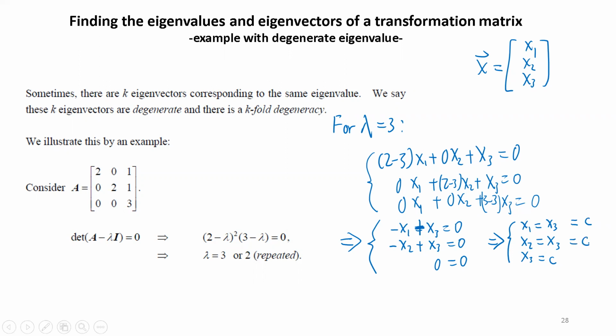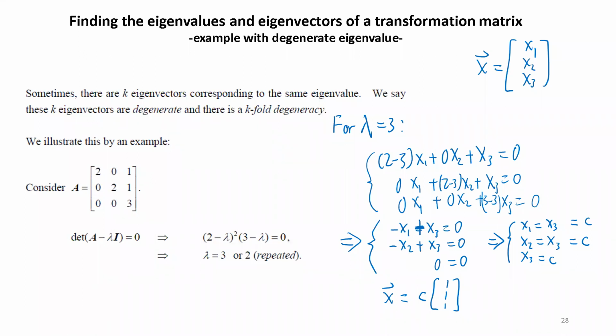Then your eigenvector is written like this. Of course you can drop the c, so this 1 1 1 is the eigenvector corresponding to lambda equals 3.